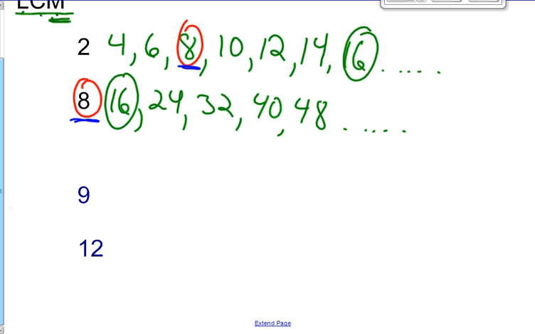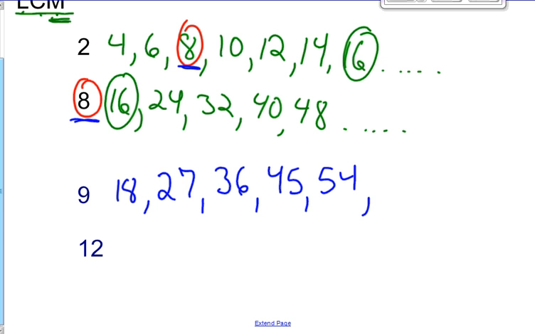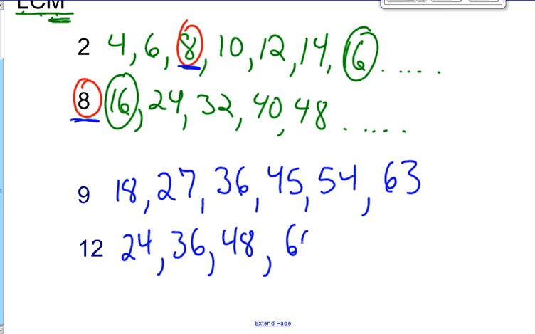Let's try another one together. We look at 9 and 12. Multiples of 9 would be 9, 18, 27, 36, 45, 54, and 63. We'll see if that gets us far enough. 12 would be 12, 24, 36, 48, 60, 72.